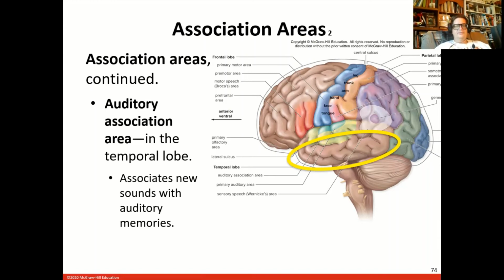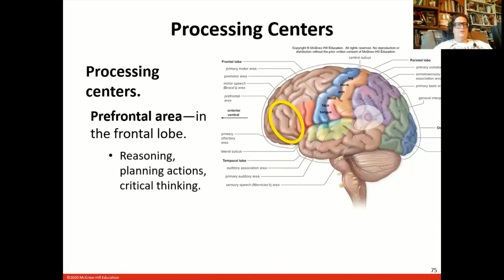It's part of the temporal lobe. The prefrontal area is part of the frontal lobe, but on each side, not right at the front. That's reasoning, planning, critical thinking.